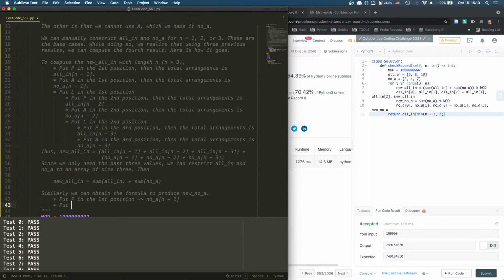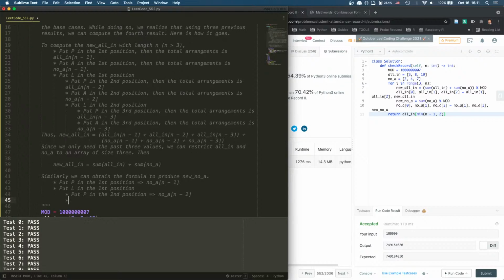Put L in the first position. Then put P in the second position. This gives us no A n minus 2. Then put L in the second position, then put P in the third position.